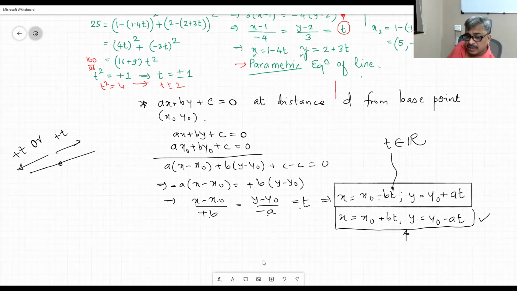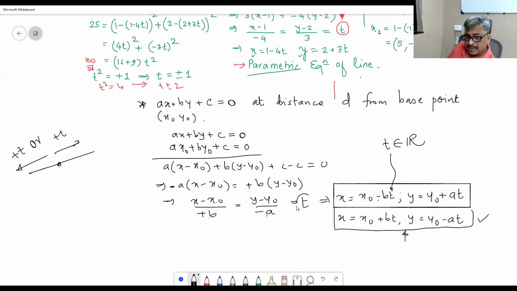I am putting this t as a real number because if I put t is equal to 1, then it is 1, it is not any real number. Parameter is a real number. Here x and y, they are variables. They are real variables. They are representing any point in the x-y plane.